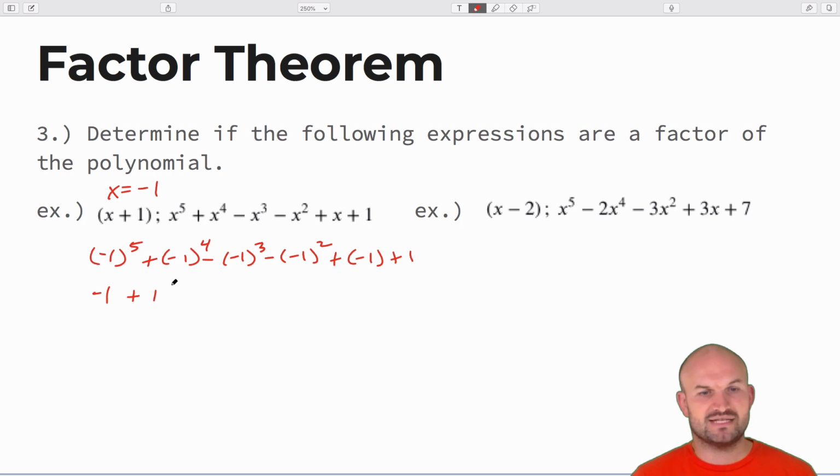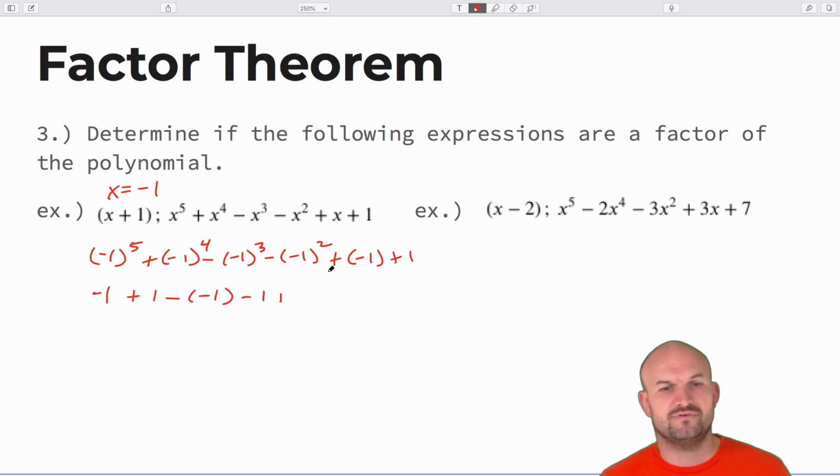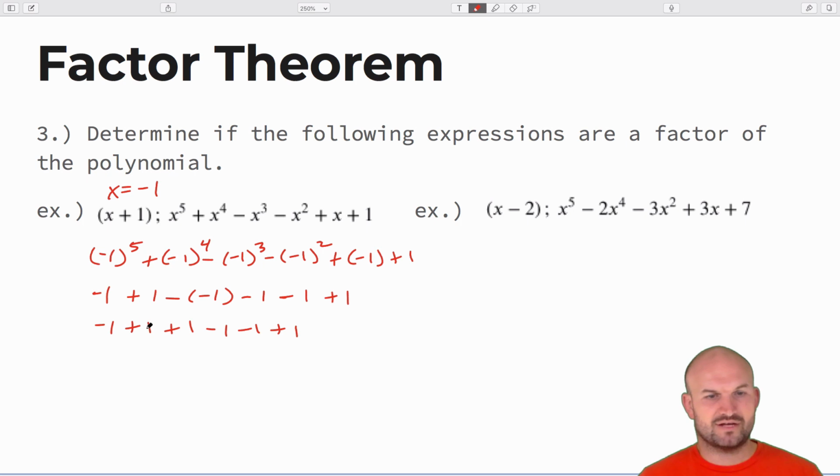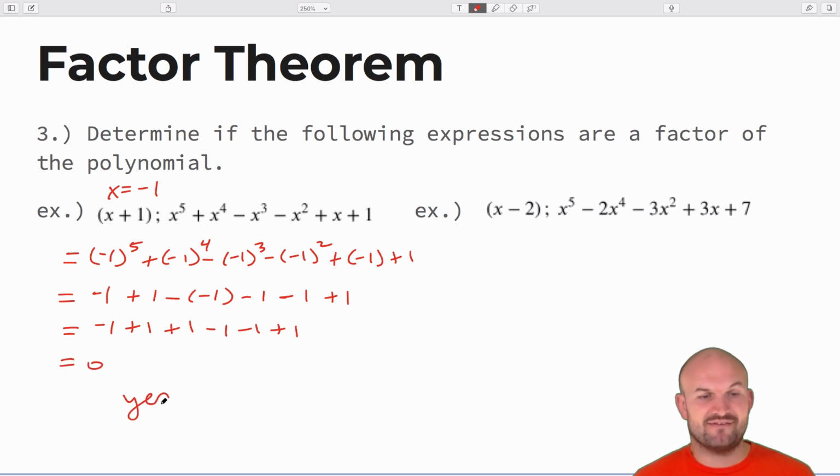This then becomes positive, negative, positive, plus negative 1. So we have negative 1 plus 1 plus 1 minus 1 minus 1 plus 1. Obviously that goes to 0, that goes to 0, and that goes to 0. And again, guess what we get? 0. So x plus 1 is a factor.